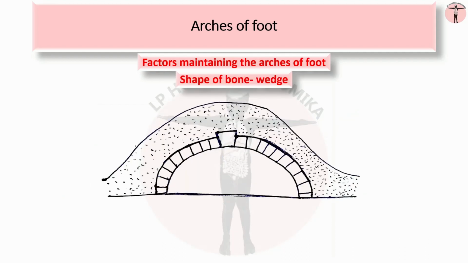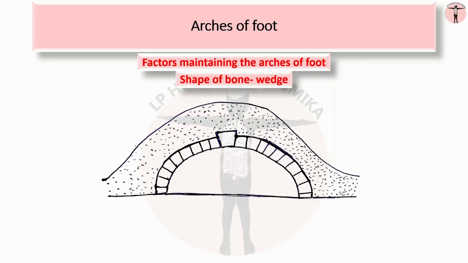Now, with this background of structure, let us discuss what are the factors or mechanisms maintaining these arches of foot. We will understand the factors maintaining arches better if we first look at the design of any bridge, revealing the following engineering methods used for its support.